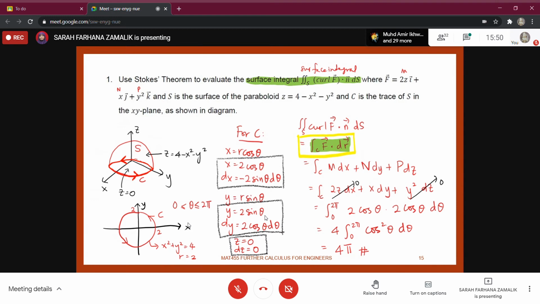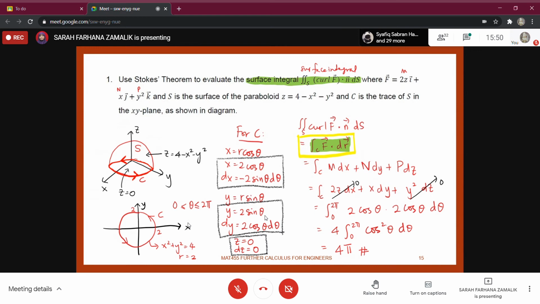Sebab kita ada satu je integral kat sini, maksudnya satu je lah variable yang awak nak evaluate nanti. So in this case, because it involves a circle here, awak boleh guna theta. Sebab dia circle, nanti senang nak evaluate kalau awak ganti semuanya in terms of theta. Kalau awak ganti dia whether in x or y, nanti dia susah nak integrate.